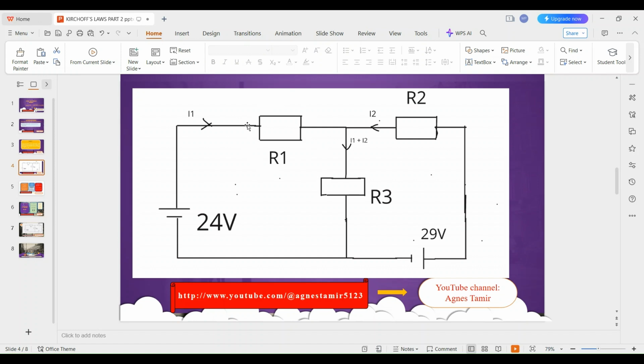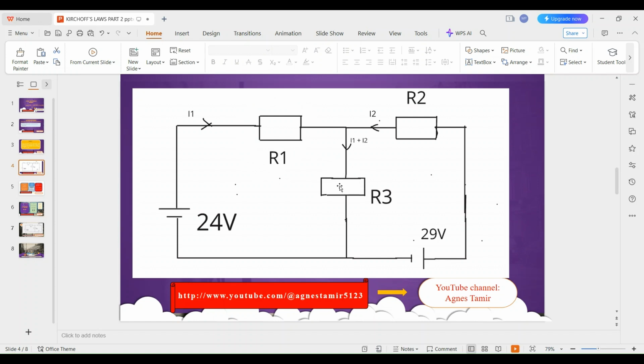So if you multiply this current by the resistance plus this current by the resistance, you are supposed to get this supply voltage here. That is 3 multiplied by I1. I1 we have seen is 3 and R1 is 3 also. So we shall have 3 multiplied by 3, and the voltage drop across this resistance here will be 9 volts. Then let's look for this.